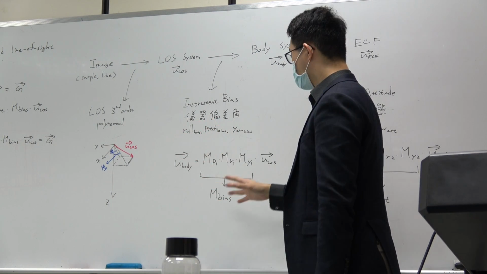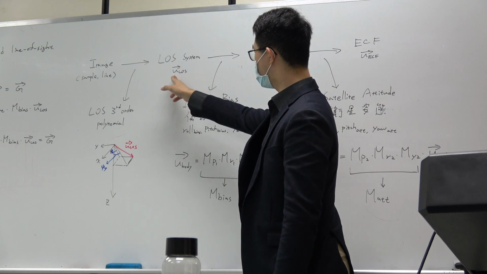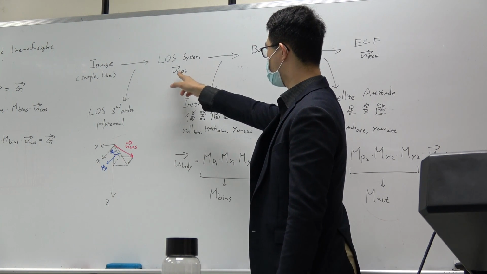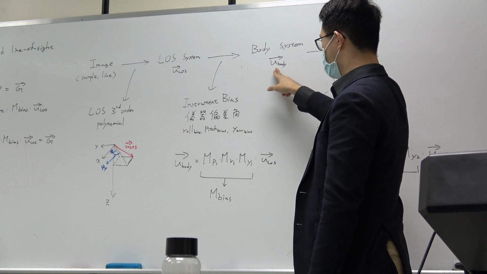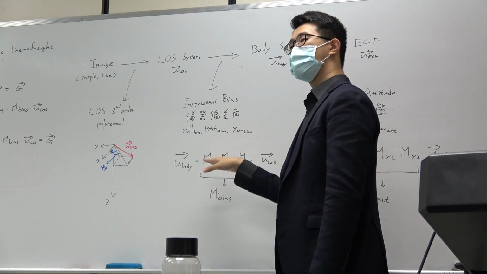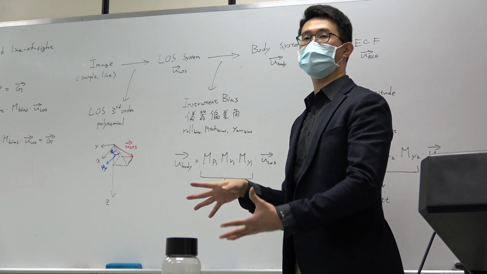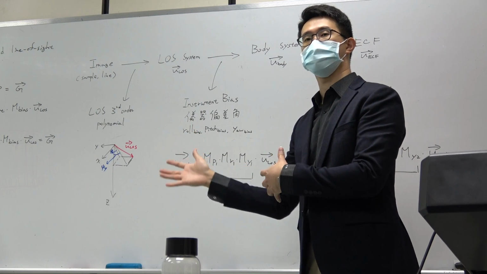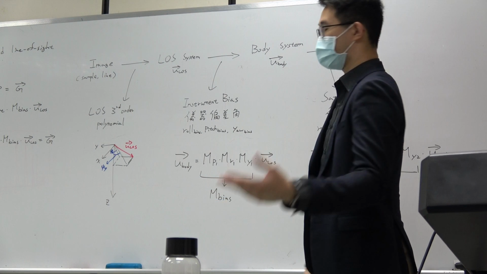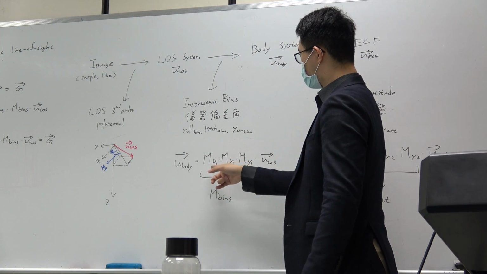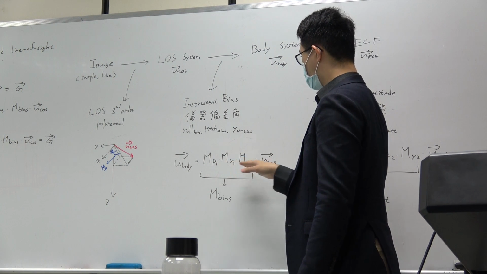So in this case, in order to transform the observation vector in the LOS system to the observation vector in the body system, we need to perform three rotations. It's similar to the omega phi kappa rotation that we introduced before when we derived the collinearity condition equation. Here we perform the roll pitch yaw rotations.